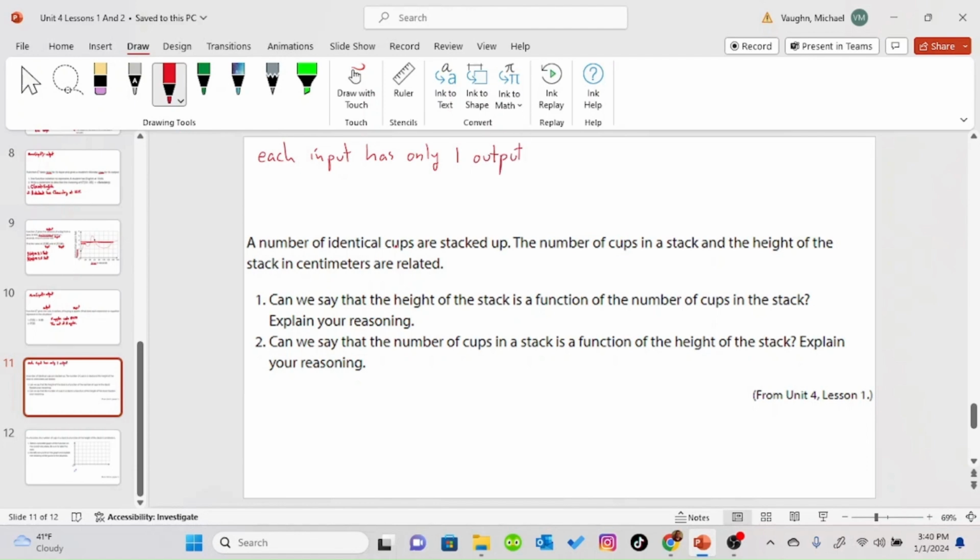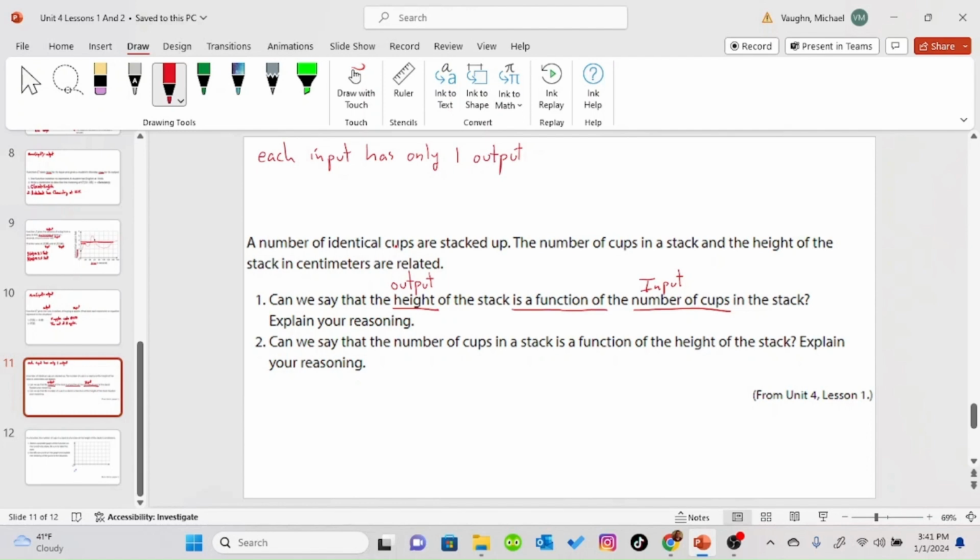So, if we say the height of the stack is a function of the number of cups, that means height is our output, and the number of cups is our input. So every time we change the number of cups, we're going to have one new height. Okay?